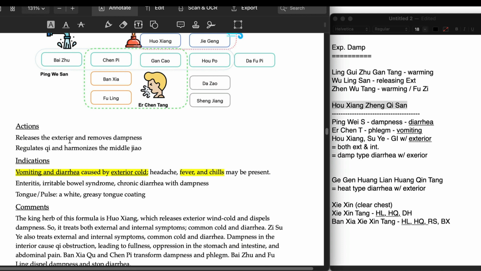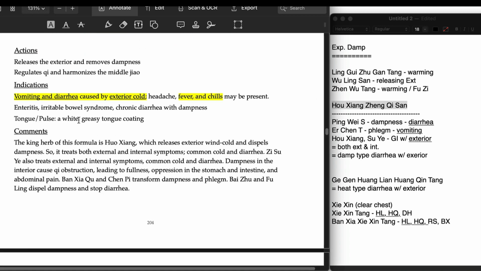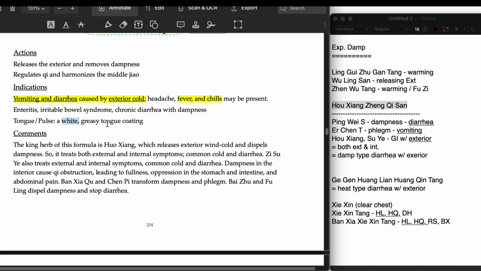So regulate exterior and remove dampness, and regulate qi and harmonize middle jiao. Tongue white greasy. So this white means cold and greasy dampness. How about the pulse? Maybe soggy, slippery, and maybe floating. Everything is possible.